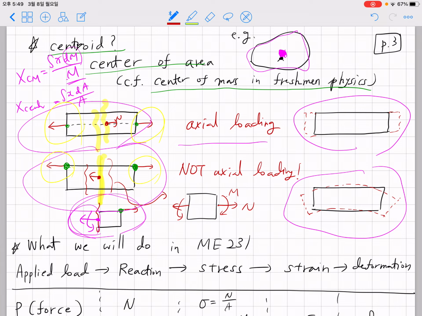If you cannot satisfy mechanical equilibrium with normal force at the centroid, then you can say that it's not axial loading. Okay, so that's the message I want to deliver. So we have to define the detailed definition of axial loading first, to talk about what axial loading is and the relationship between displacement and force under axial loading.